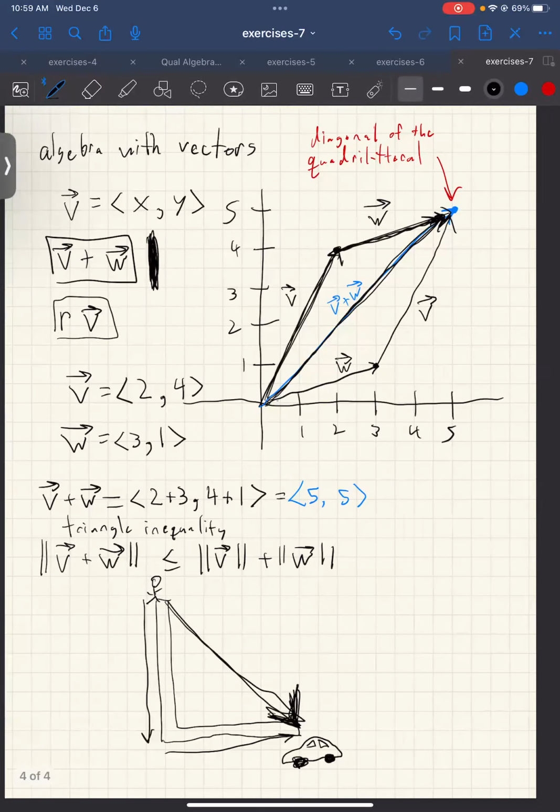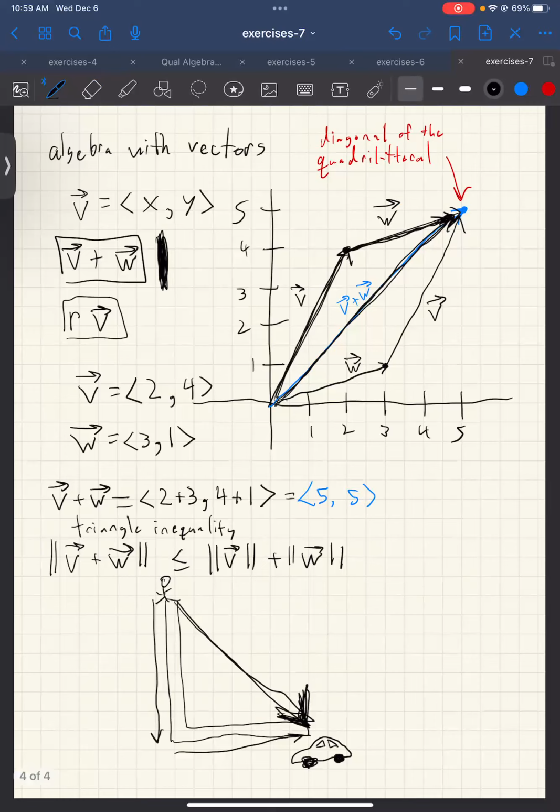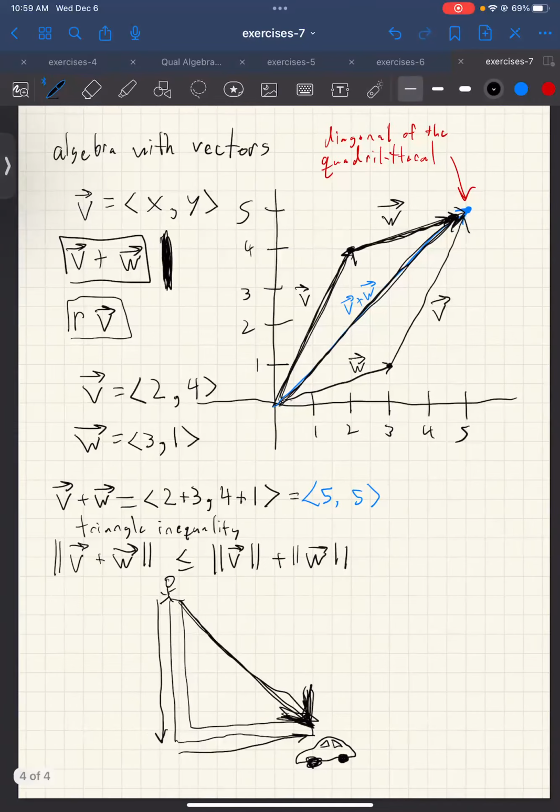And now, based on this shape, can we tell why it's called the triangle inequality? I think so. Now, why is it less than or equal to? Well, what if one of the sidewalks was like 0, for instance?